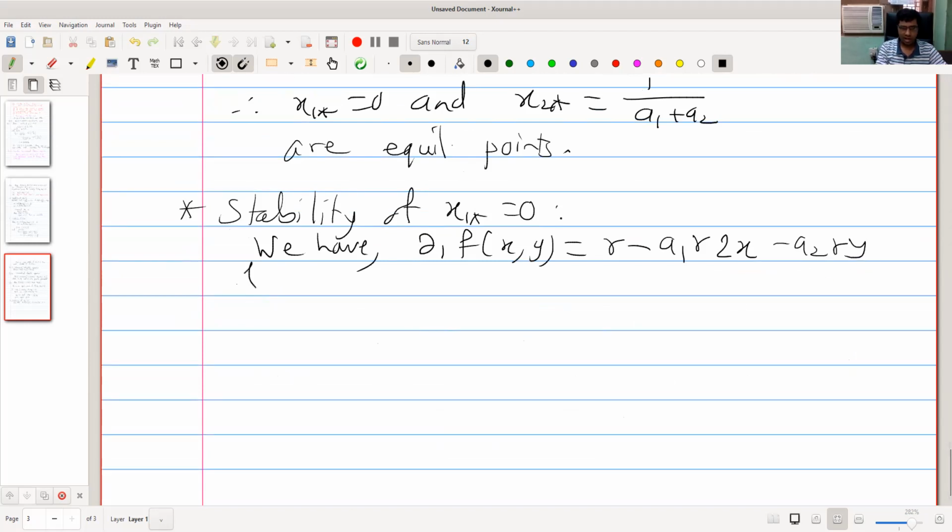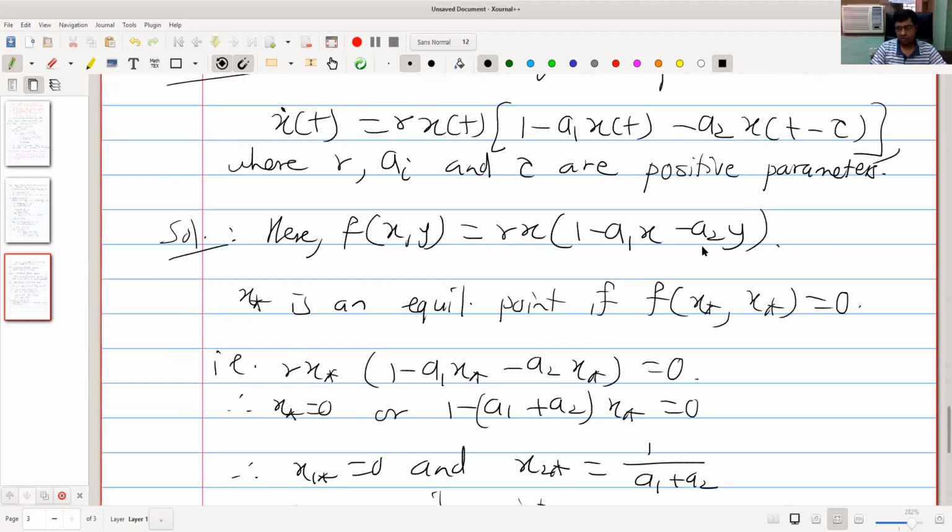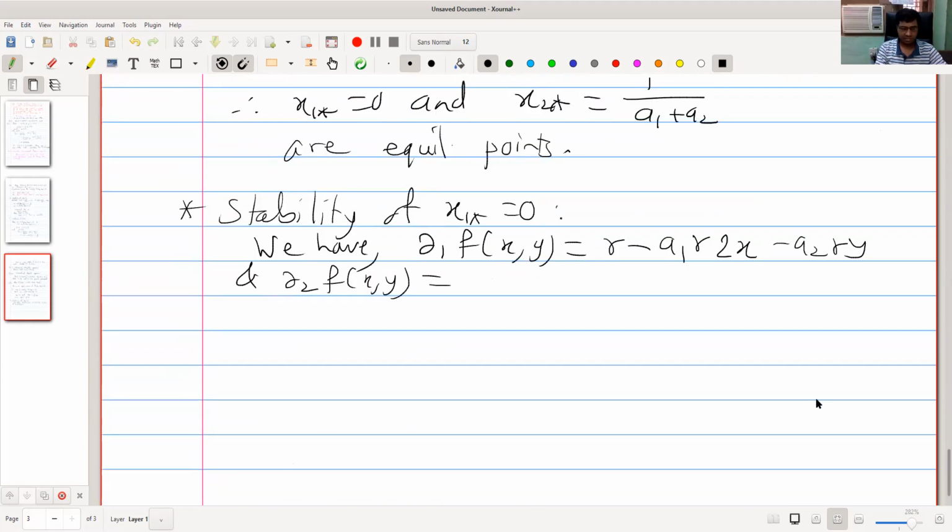And del 2 f of x y means the partial derivative of f with respect to y. We can find y at only one place, so it is minus a2 r x. Therefore, what is a?